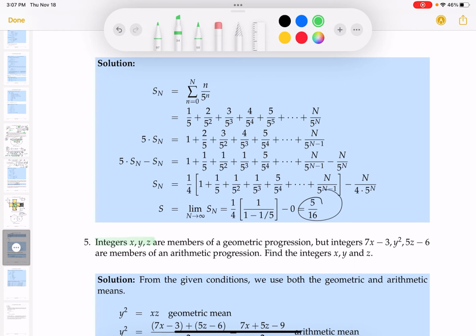So I want to point out what that means. A geometric sequence would mean this: you have a term, x. The next term is going to be x times some multiple, r. I'll write this down for you. And the next term would be x times r squared, right? So what do I know?